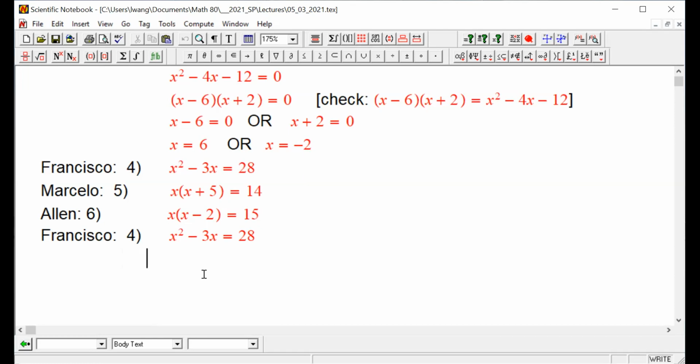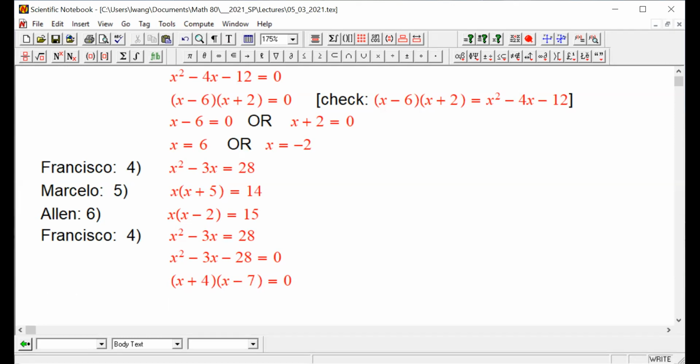So number 4, we have x squared minus 3x minus 28 equals 0. And then we factor, right? 4, 7, right? So we're going to have x plus 4 times x minus 7. I think that will make it, right? However you do it.